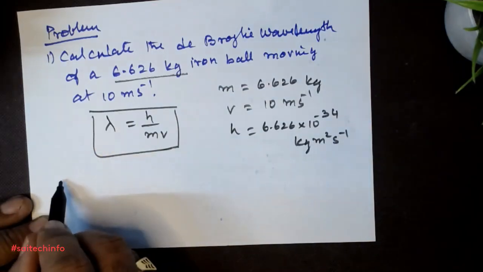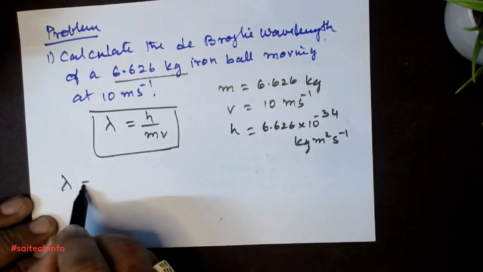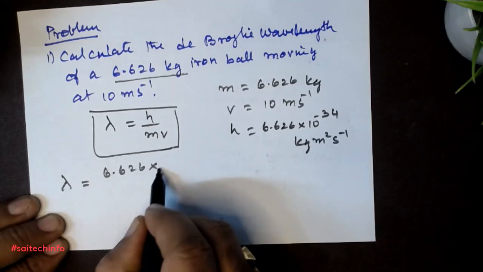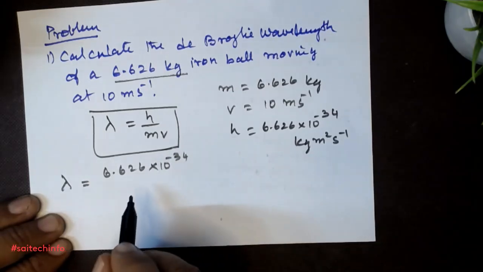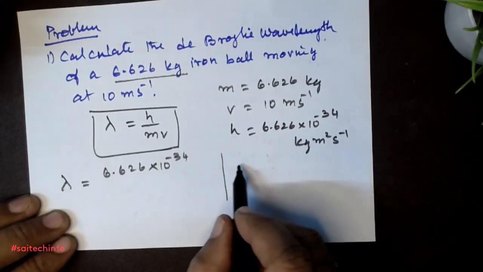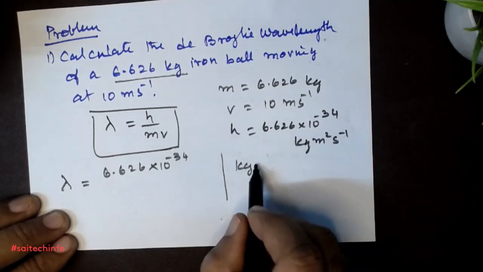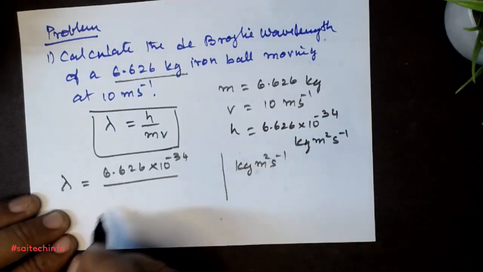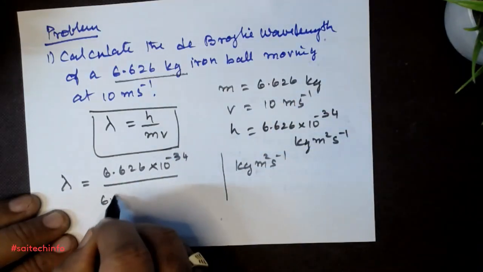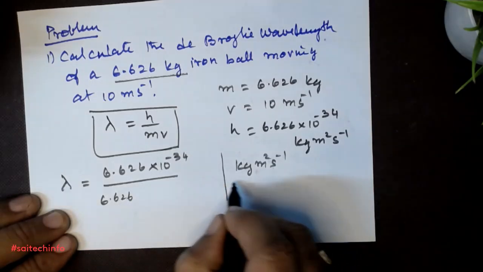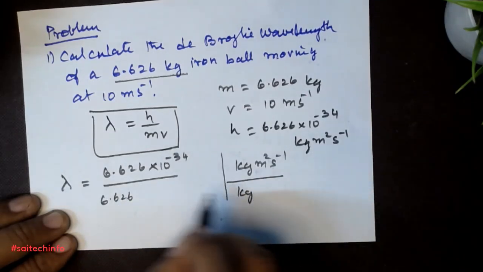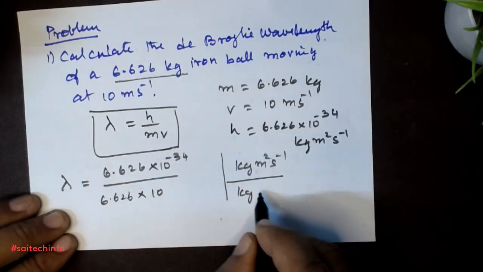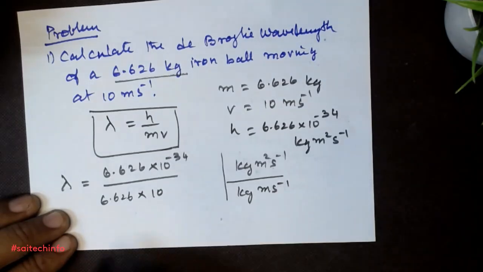Now let us substitute. Lambda is equal to 6.626 into 10 power minus 34, kg meter square per second, divided by mass 6.626 kg into velocity 10 meter per second.